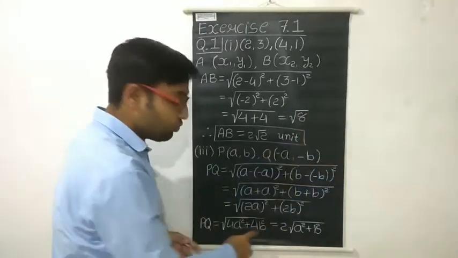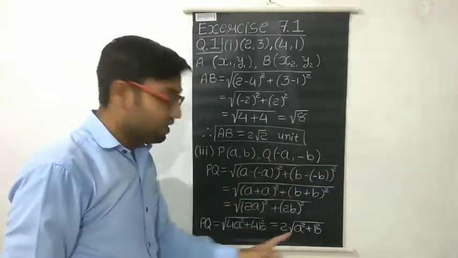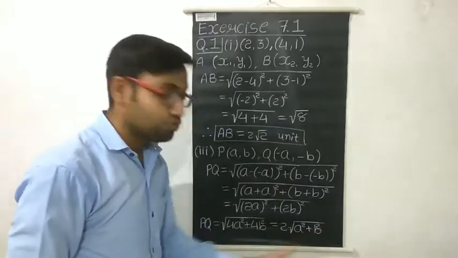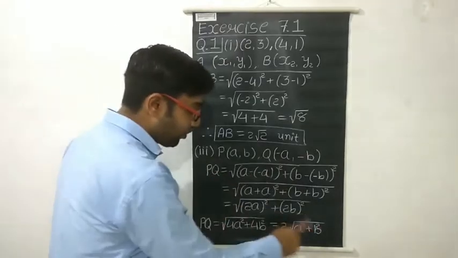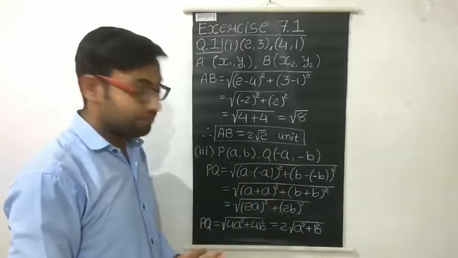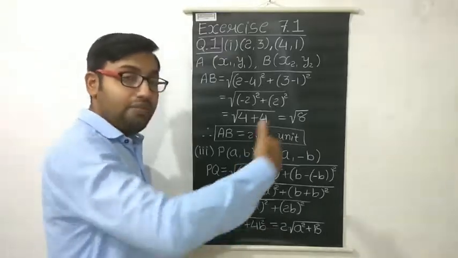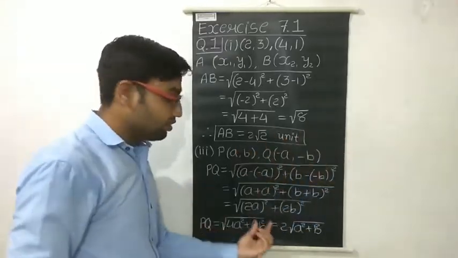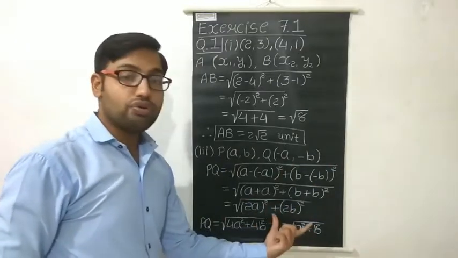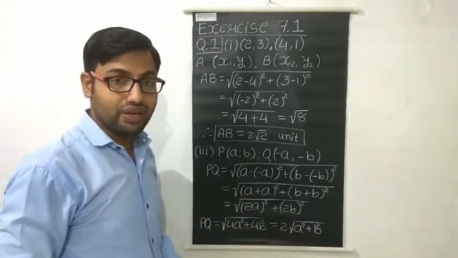It is 2 in the bracket, 1 square, that is 1, plus 2 square, that is 4. 4 plus 1, that is 5. So the distance between the points 1, 2 and minus 1, minus 2 is 2 under root 5. Okay.